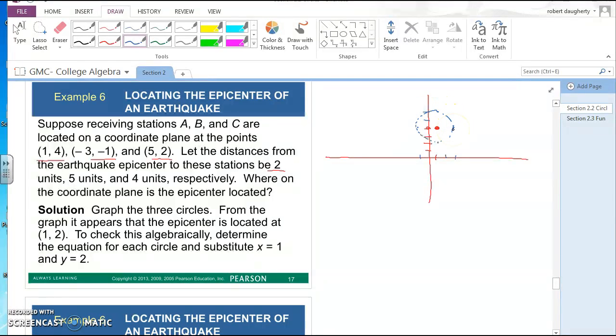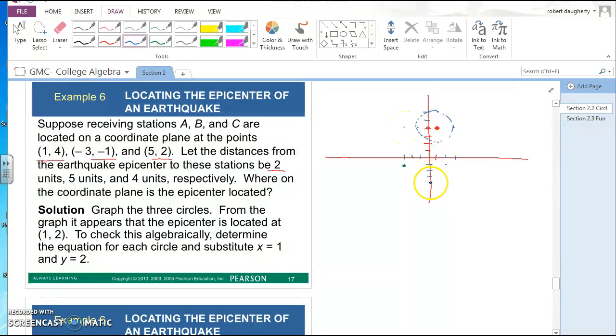I've got another circle centered at (-3, -1), right here, with a radius of 5. So I look at that circle, 1, 2, 3, 4, 5, right here, something like this.